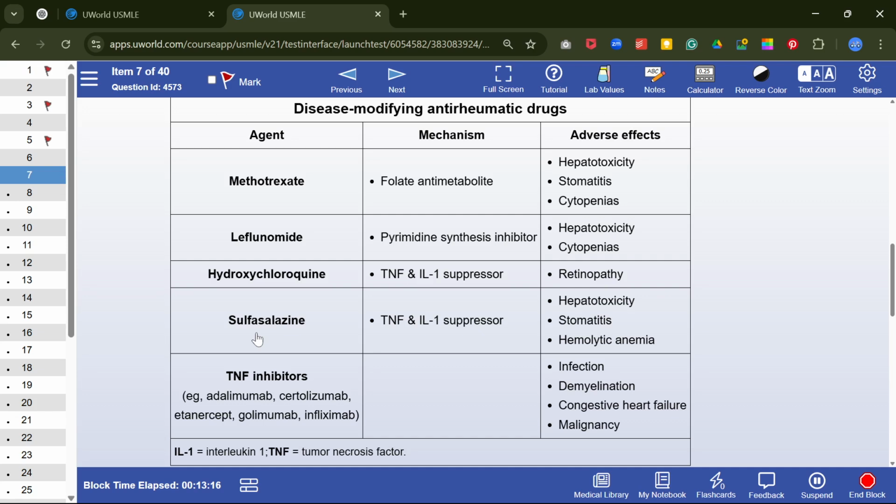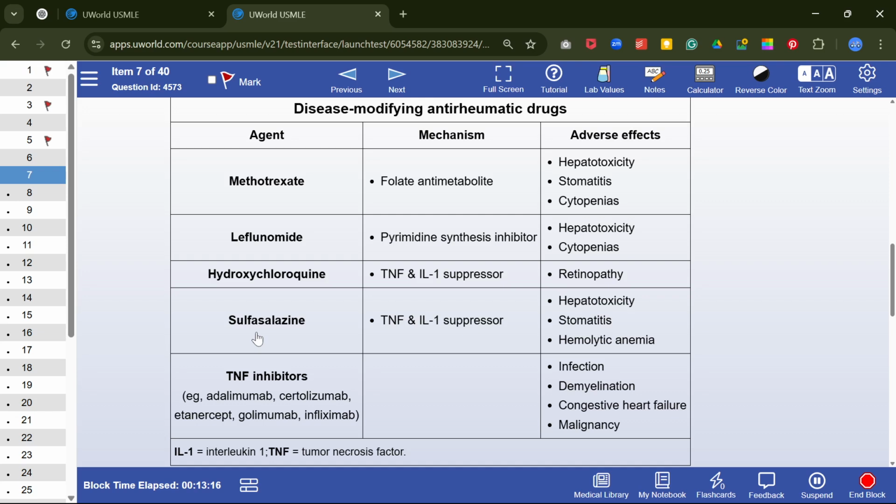Methotrexate is a folate antimetabolite, folate antagonist. It can cause adverse effects of hepatotoxicity, stomatitis, and cytopenia. Leflunomide, a pyrimidine synthesis inhibitor, can cause hepatotoxicity and cytopenia. It does not cause stomatitis. Hydroxychloroquine, TNF and interleukin 1 suppressor, causes retinopathy.